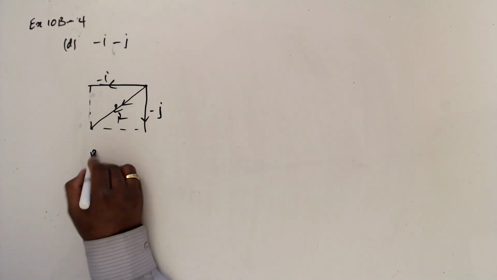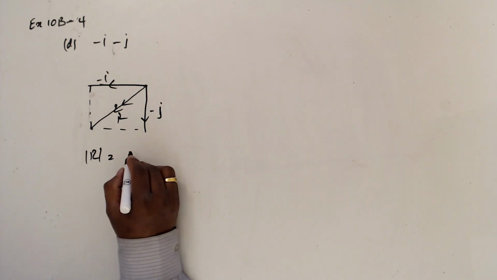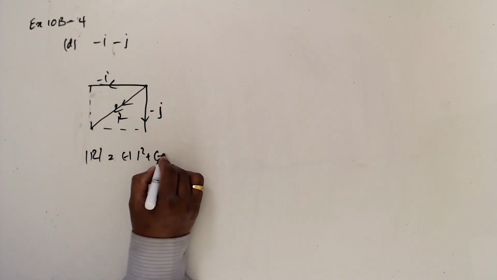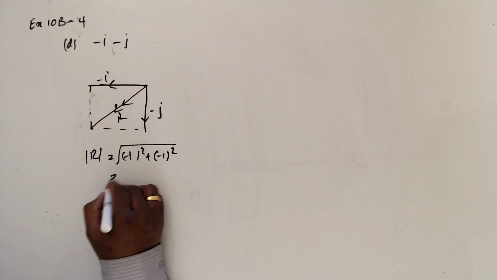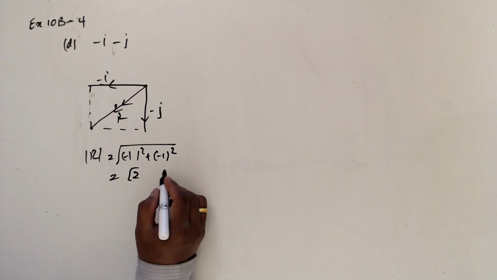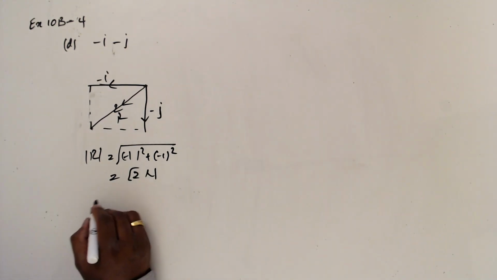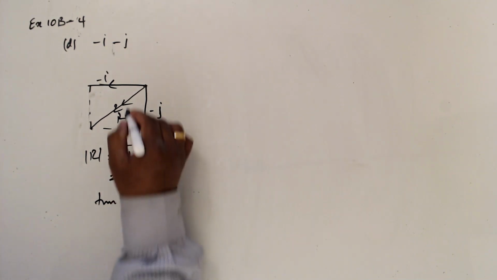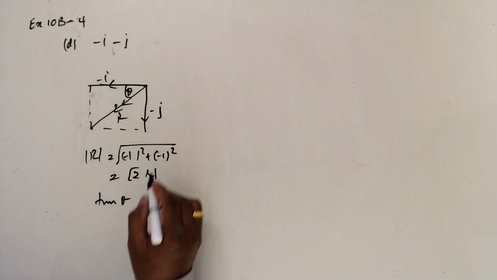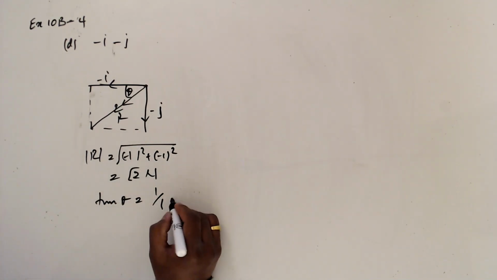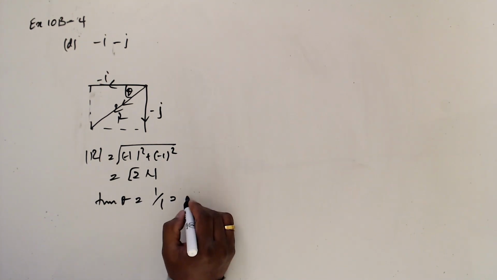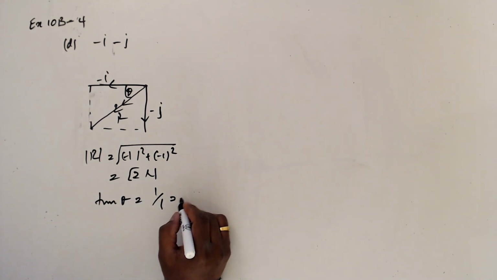This is R. The magnitude of R is the square root of minus 1 squared plus minus 1 squared, root 2 Newton. And tan theta, if I take this as theta, is 1 over 1, which is 1.